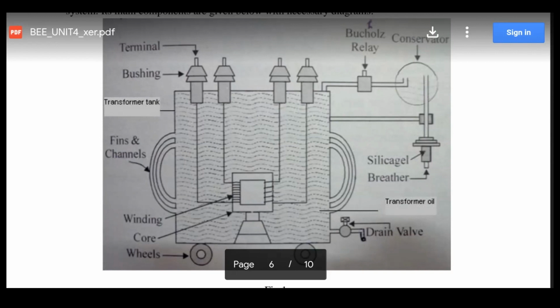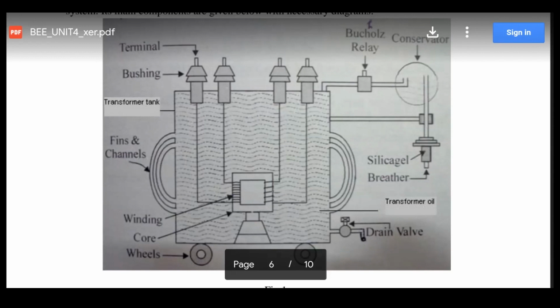So these transformers are set on those tracks, and then moved from one place to another within the factory. Then after its assembly is over, it is loaded to the trucks, and at the time of loading, these wheels are very much helpful.